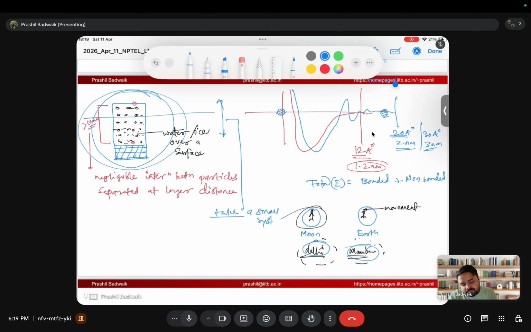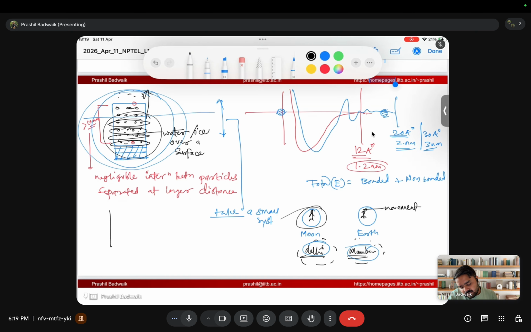Let's say you will find the interaction energies are dominant up to certain layers over here. Beyond crossing a certain distance, it behaves like bulk. That means whatever movements this fluid is making have no influence on the interactions occurring at the interface, right?